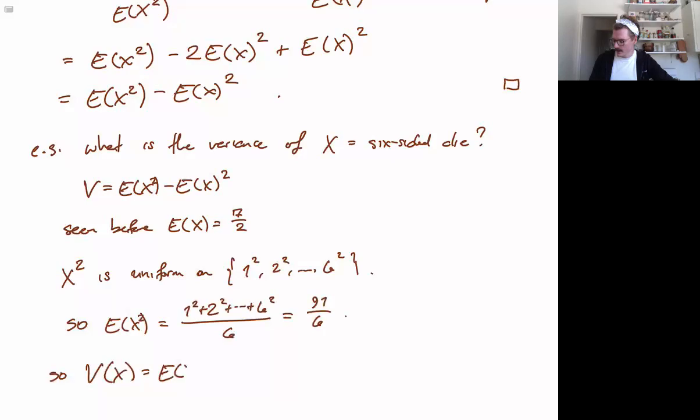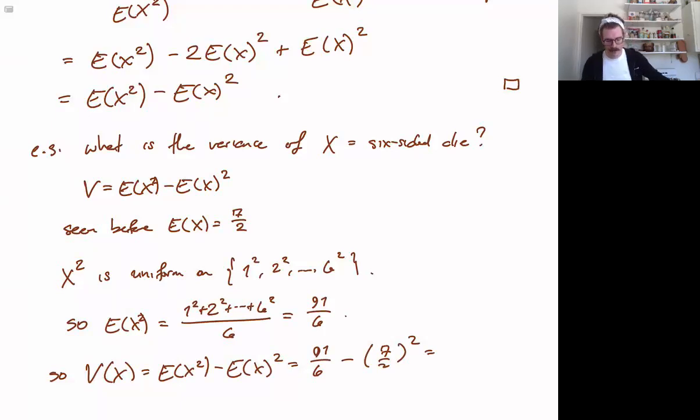So the variance is expected value of x squared minus expected value of x squared on the outside, which in this case is 91/6 from here, minus 7/2 squared. And if you work this out, this turns out to be 35/12, which is about 2.9.